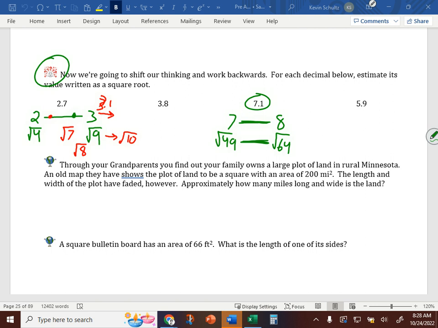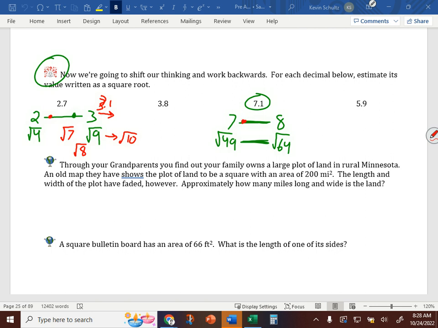So what would you estimate? What would be a good estimating root here? Root 60? Good estimation, bad estimation? Is that a thumbs down? Thumbs down. Bad estimation, right? Root 60 is closer to 64. 7.1, that's right up against 7 there.